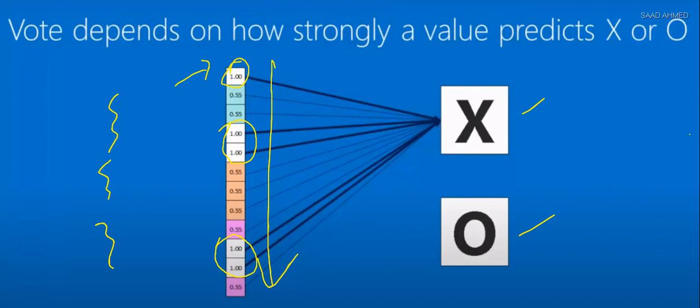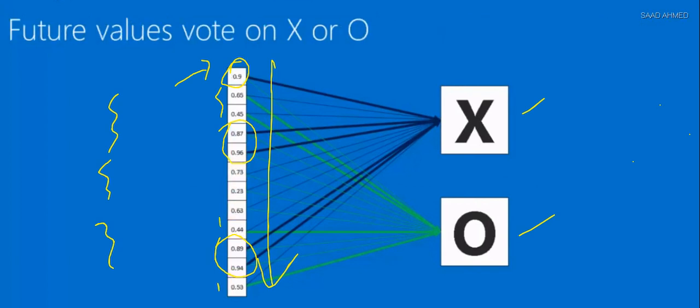And if you input an image of an O, you can see that different boxes have higher values, which shows that these values are high for O, so these votes have more weight.